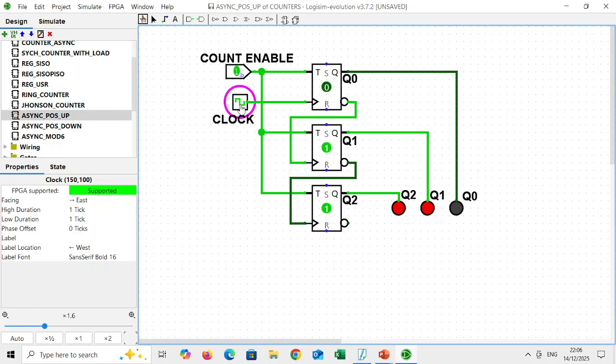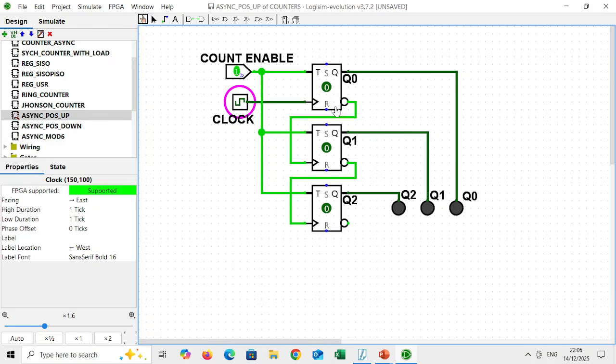I'll start from the first clock, first state. 1, 2, 3, 4, 5, 6, 7, and 0. That means the count sequence here is an up counter. What is the change we have done? Instead of Q outputs, we have taken complementary outputs to drive the input clock of the T flip-flops.